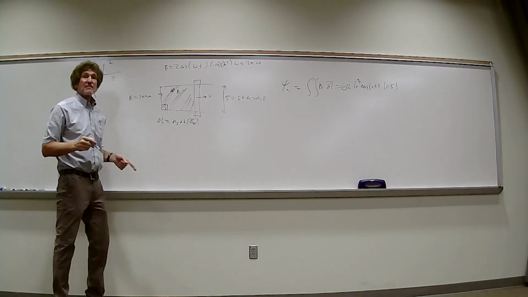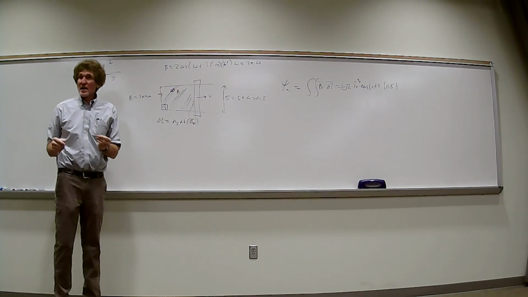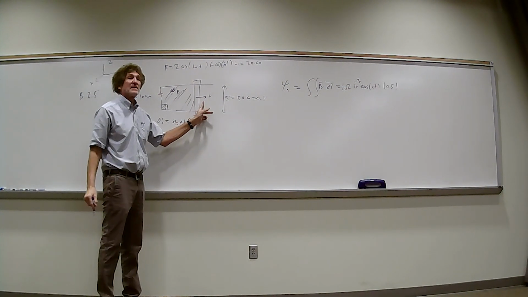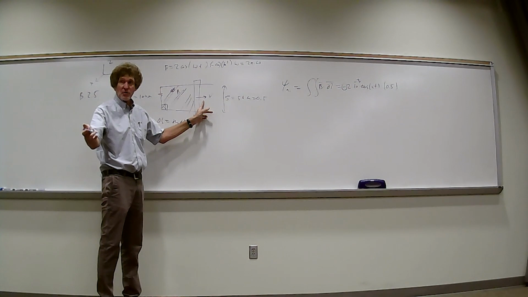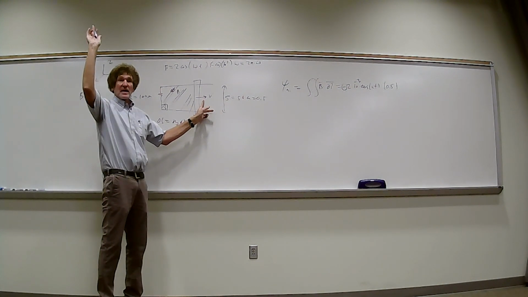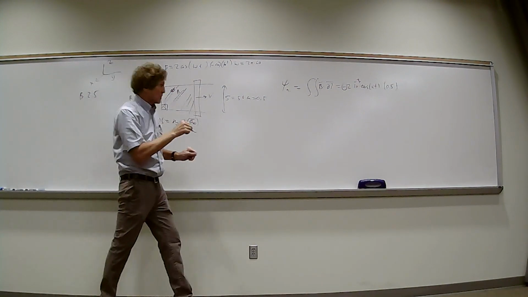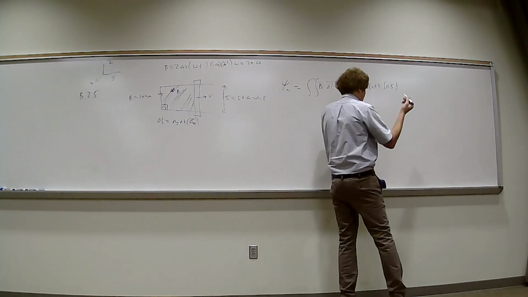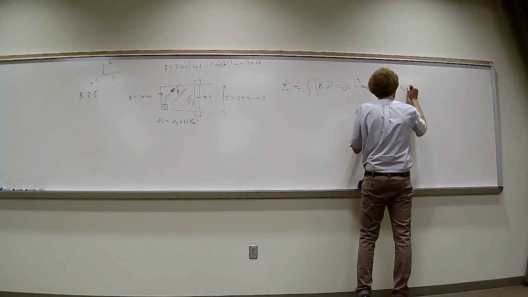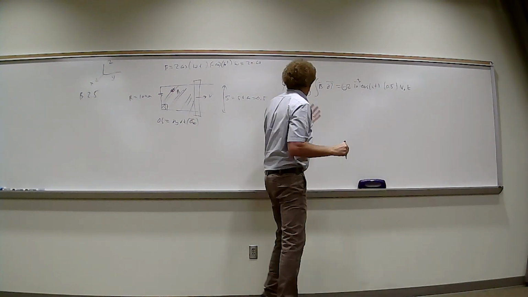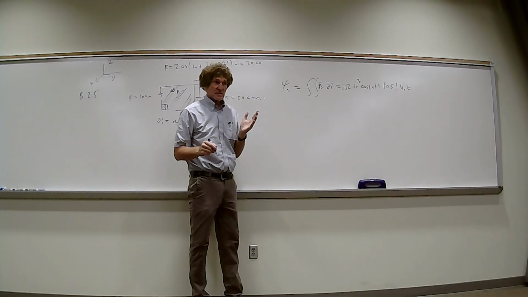Well, this is moving at velocity v, so the position here would be vt at any given time t. Do you all agree with that? Give me a show of hands here. With me? So that means that width would be simply v naught times t. Now you have an equation for the flux.